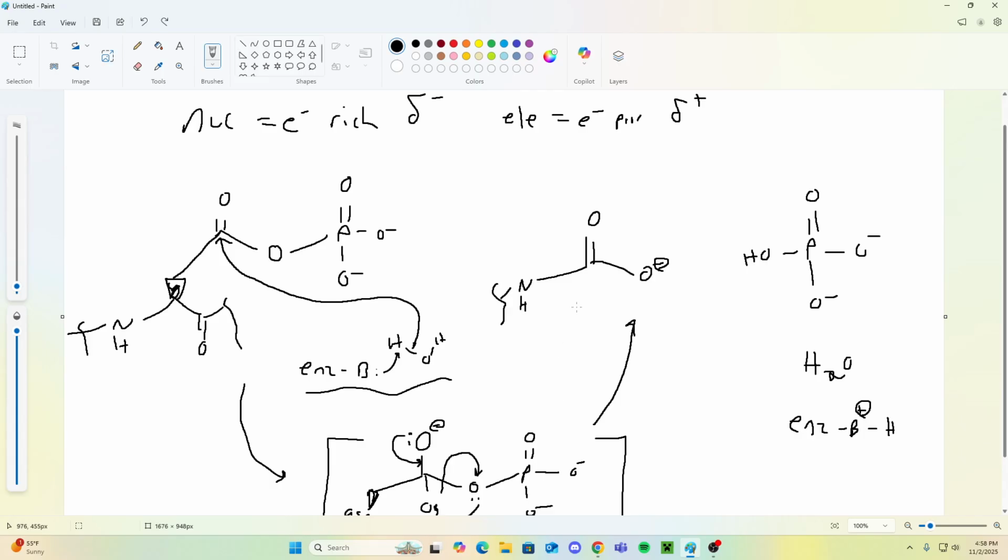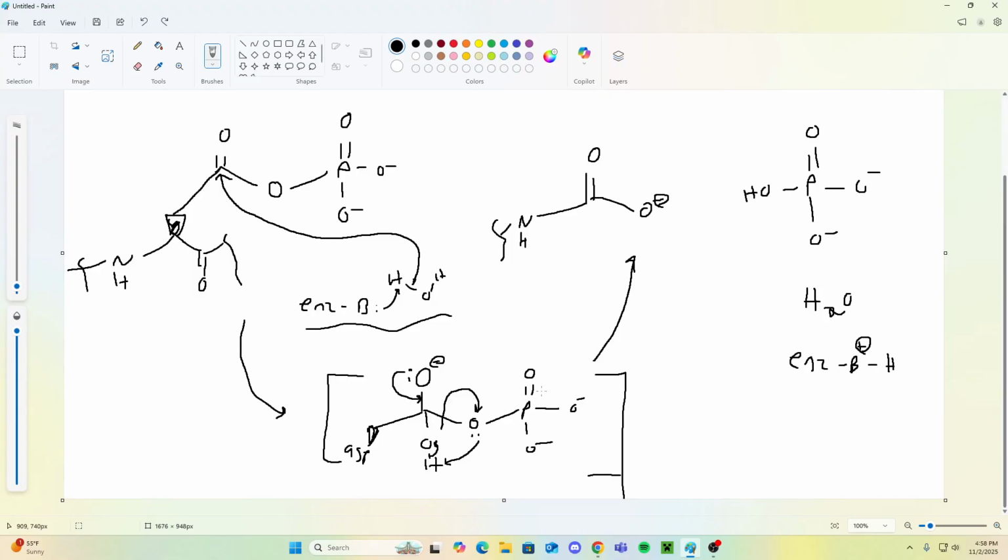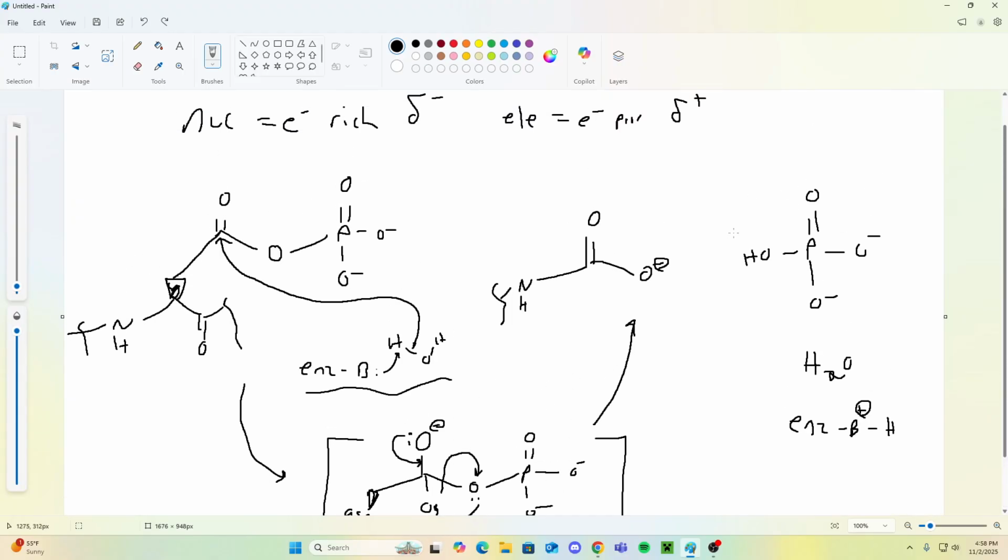It's just that the phosphorus as a leaving group makes a little bit more sense. But there's your solution. Even though, I guess that's drawn wrong.